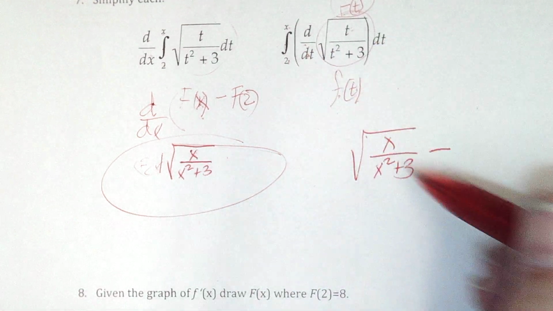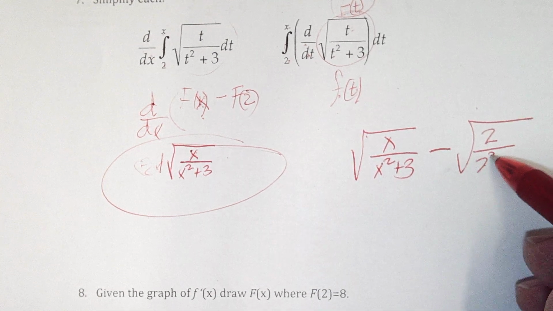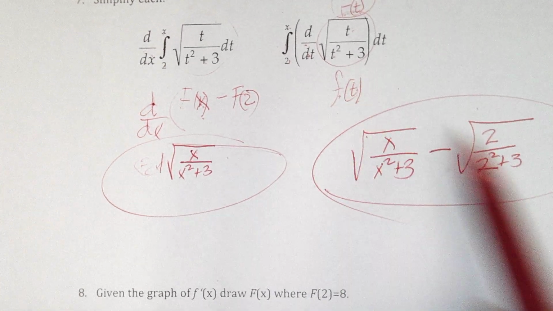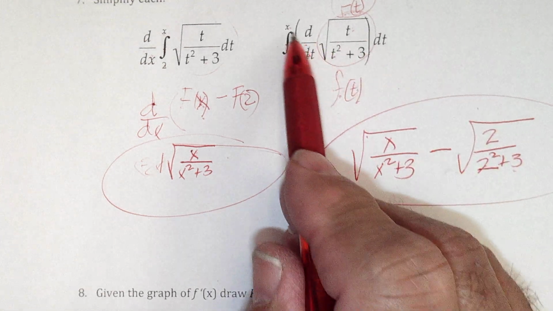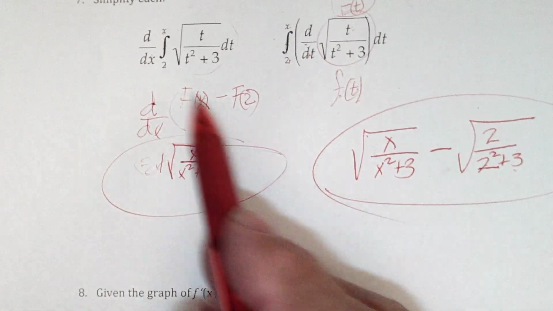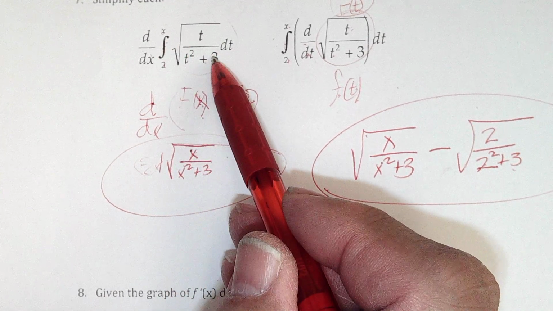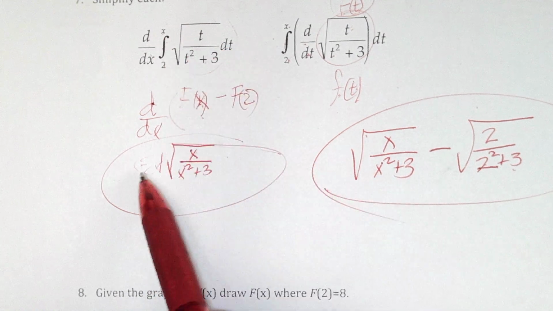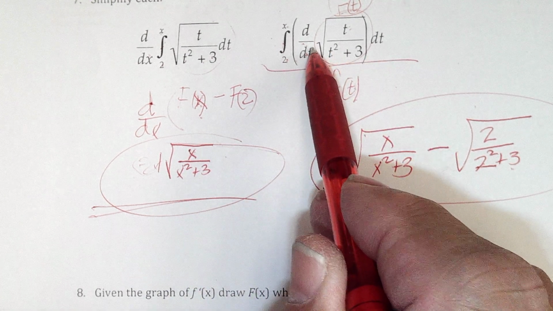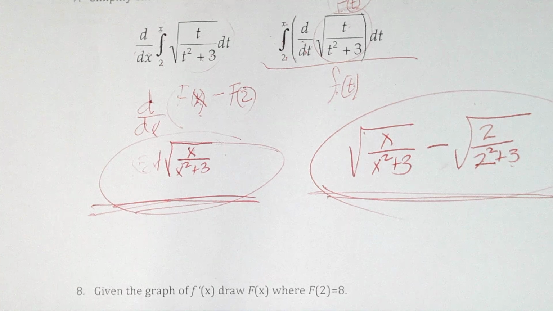Minus, we'd put the 2 in, and so we'd get 2 over 2 squared plus 3. The constant stays here. And there's no chain rule because we're not taking the derivative after the x has been put in. Here we're taking the derivative after the x is put in, and so if it's x squared we put in, we have to take it times 2x. So that's the difference between the derivative on the inside versus the outside. And I want to know if you can keep that straight.